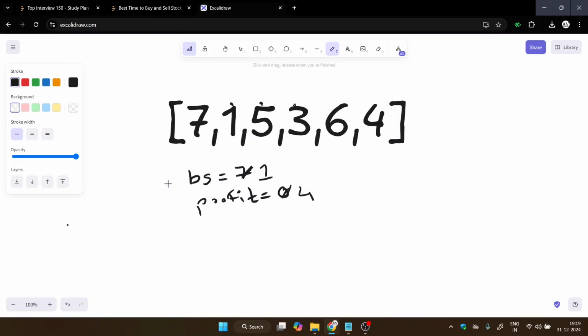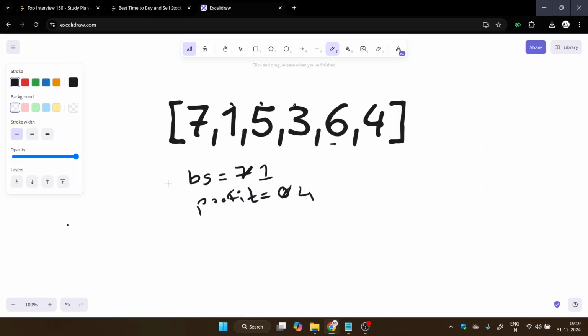Now we will check with day 5. Okay, on day 5 the price is 6. If we subtract the buying price, then we will get 5. So compared to the profit on day 3, the profit is much more.